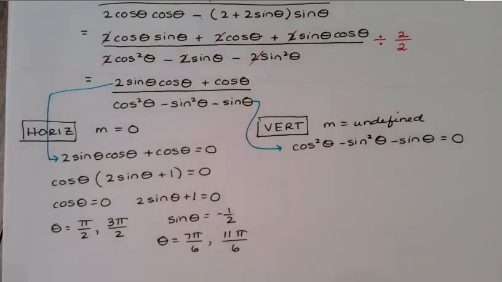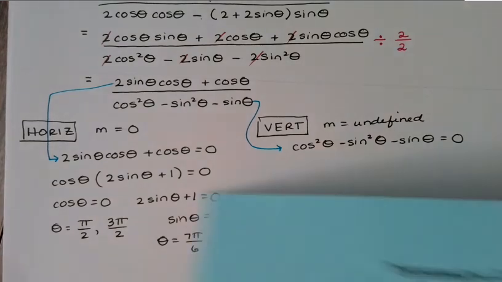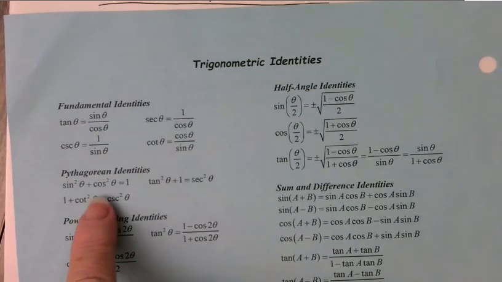And this one's going to be a little bit more challenging to work with. We've got both sines and cosines in the equation, but we can't factor out anything right now. So what I'm going to do is use the technique of getting all one type of trig function. I'm actually going to replace the cosine squared with 1 minus sine squared. I'm really just building off of this identity.